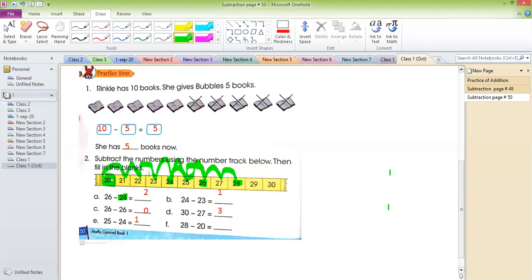So on the 8th step, you find 20. That's why 28 minus 20 equals 8. Because you start counting back from 28, and when you count back 8 steps, you find 20. That means 28 minus 20 equals 8.